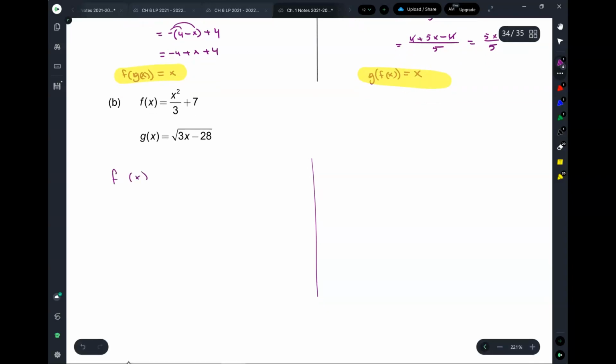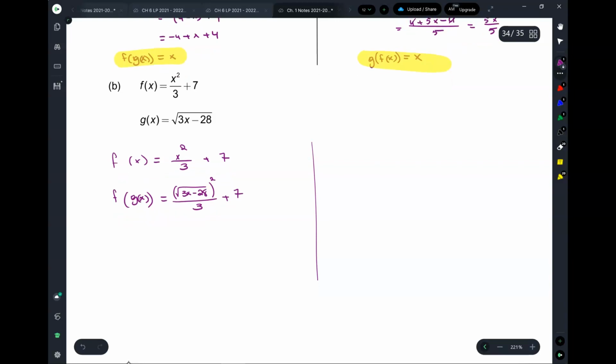So f of x is x squared over 3 plus 7. F of g of x is this squared over 3 plus 7. G of x squared over 3 plus 7.